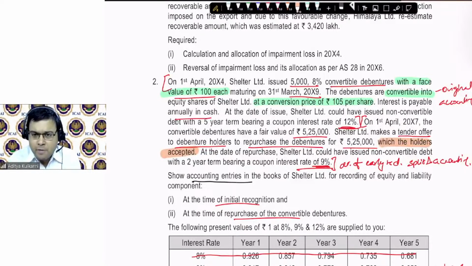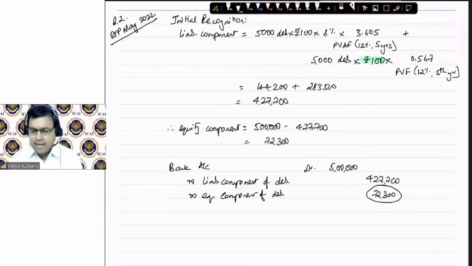So therefore, on a very sound principle, we are concluding that these convertibles are optionally convertible at the option of the debenture holders. Are you clear with this? Those of you who thought about it, very good. Those of you who did not think about it and got the answer right, you are lucky. But nevertheless, it's nice.